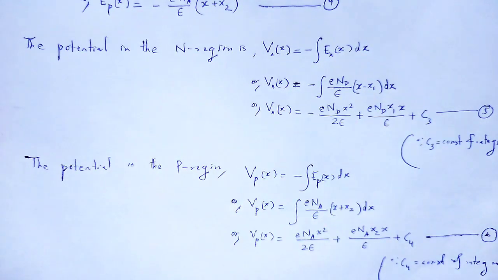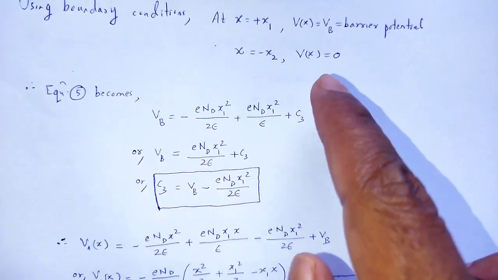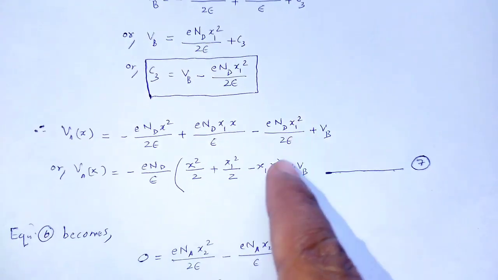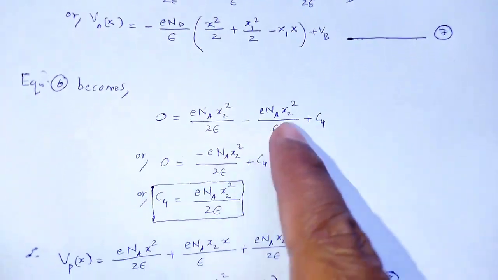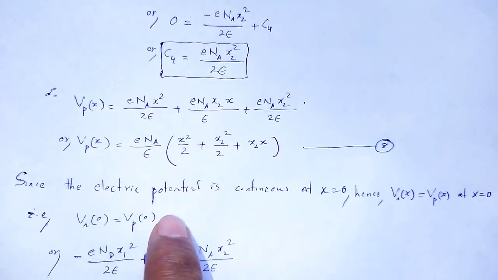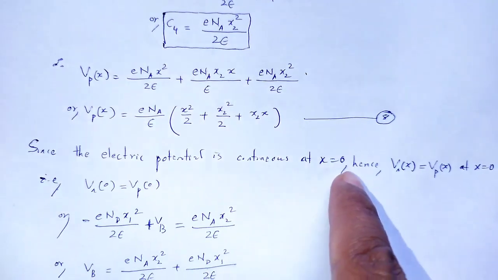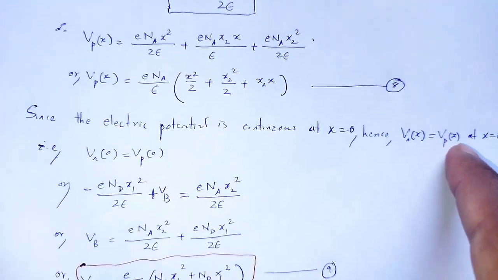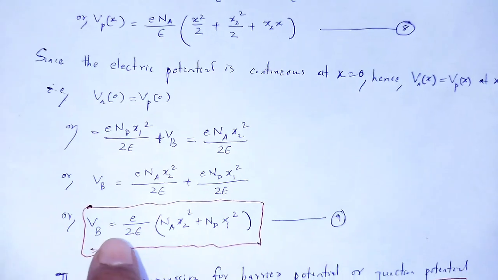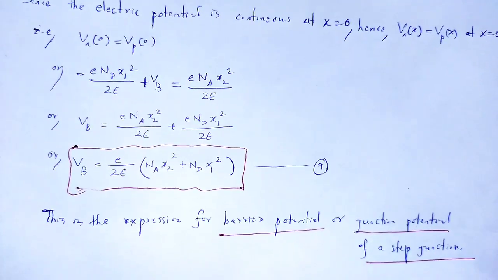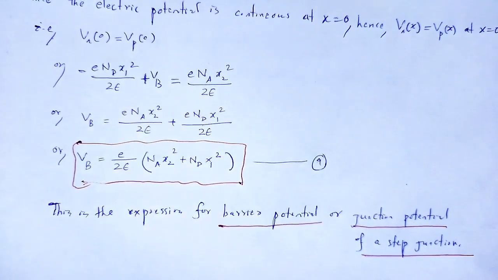Again the value of C3 and C4 is evaluated by taking the boundary condition. So, C3 is evaluated, then the value of C3 is put, next value of C4 is evaluated, then the value of C4 is put, and using that expression at x is equal to 0, Vn of x is equal to Vp of x at x is equal to 0. So, the expression for Vb, that is the barrier potential or junction potential of a step junction.